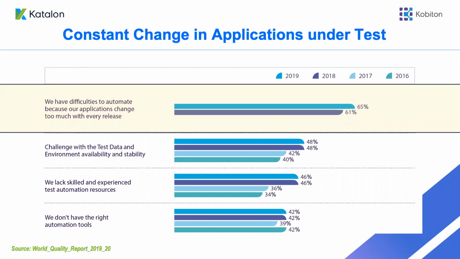This is a poll that was done with several organizations across the world, and one of the key findings the report highlighted was that most teams that are trying to automate, or are already automating, are facing difficulties for the simple reason that the applications change too often with every release. So this comes back to the number one item that we are trying to address with Katalon and Kobiton.